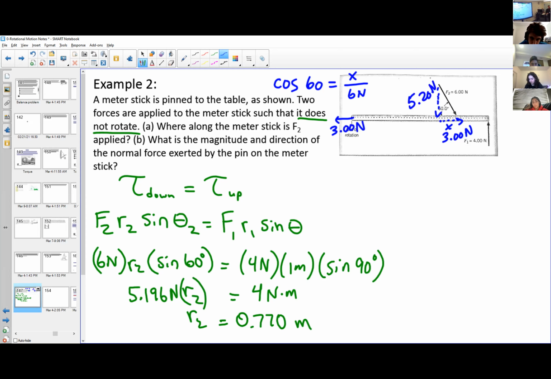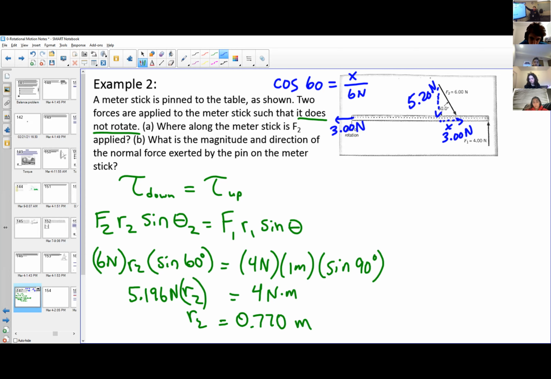Now, does that mean it's going to be battling that 5.2 newtons? Not quite. What does it have to fight? Vertically speaking. We've already said it has to support or fight against that 3 newtons horizontally, but vertically there are 2 forces here.